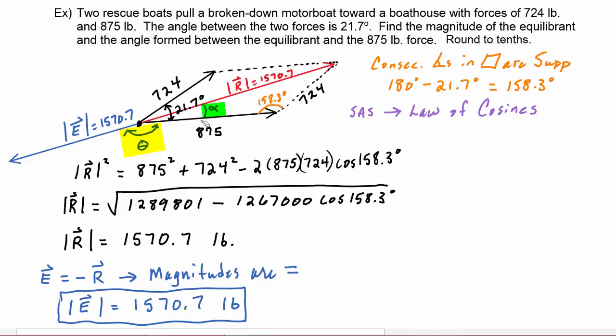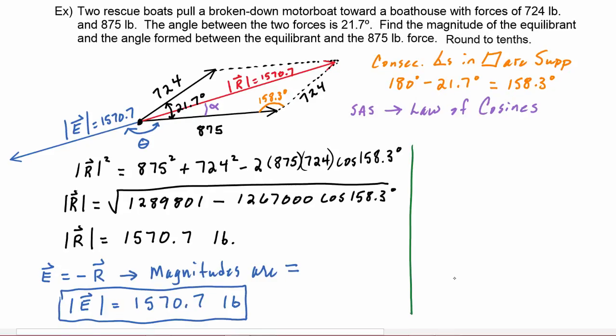So once we know alpha, we could subtract from 180 to find theta, because alpha and theta are supplementary. Now, an important fact to notice about alpha is that we know it will be acute since our triangle already has one obtuse angle in it. So now we can use law of sines to find alpha.